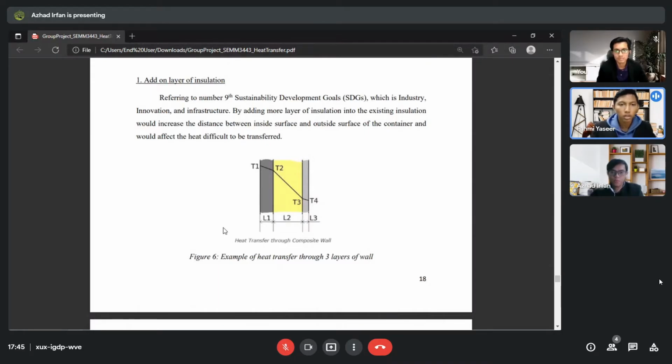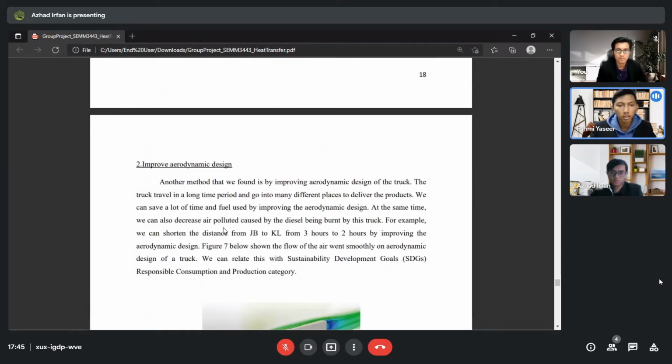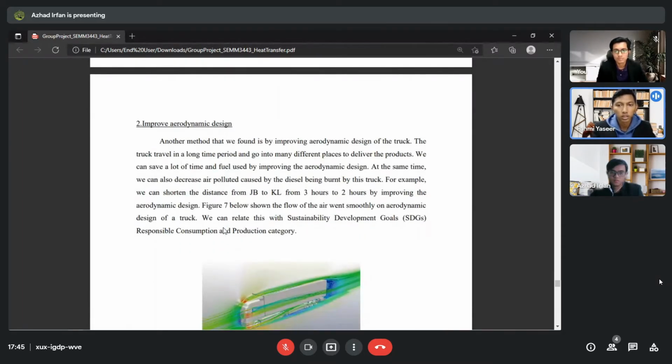By adding more layers of insulation into the existing design, insulation would increase the distance between the inside surface and the outside surface of the container, and it would be difficult for heat to be transferred.